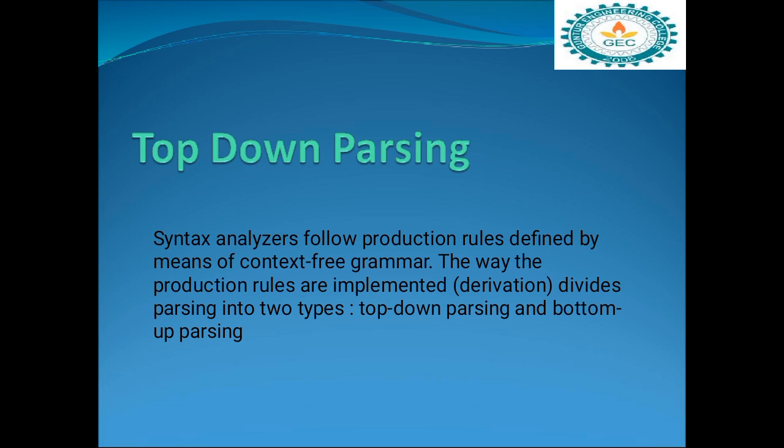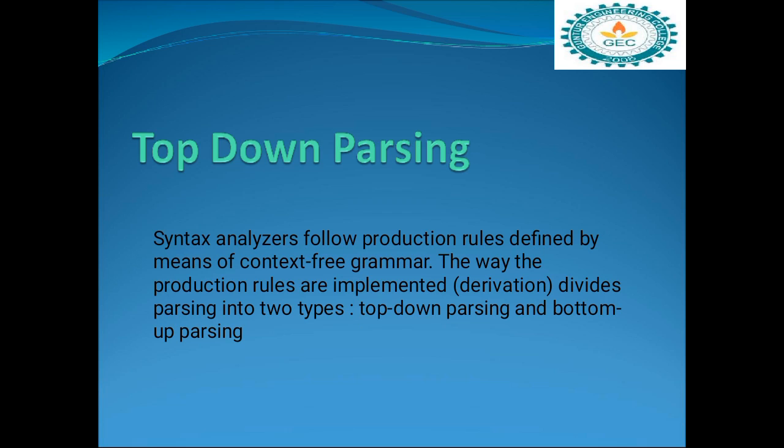Top-down parsing. In top-down parsing, the syntax analyzer follows the production rules defined by the context-free grammar. The way the production rules are implemented divides parsing into two types, top-down parsing and bottom-up parsing.